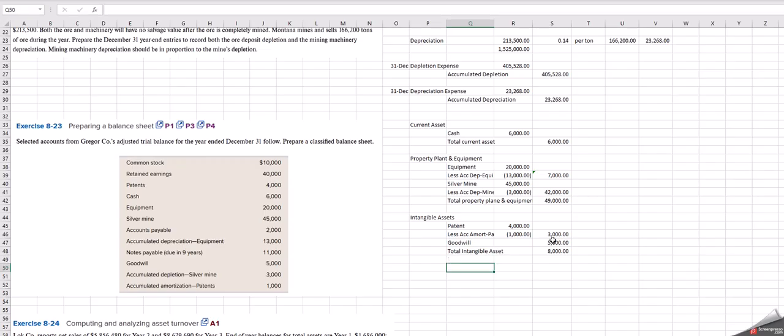And then we'd come down and have our total assets, which would be the current assets, property, plant, and equipment, and then those intangible assets. And then we'd come over to the other side for our current liabilities. And we have accounts payable.